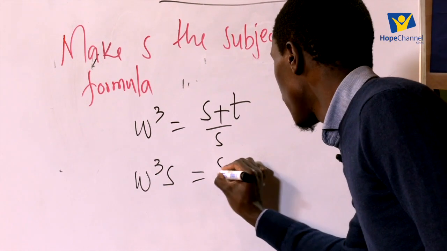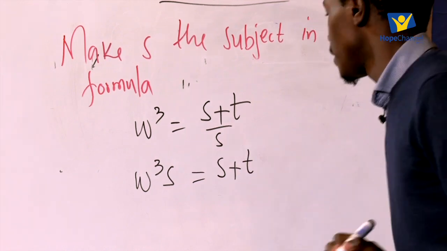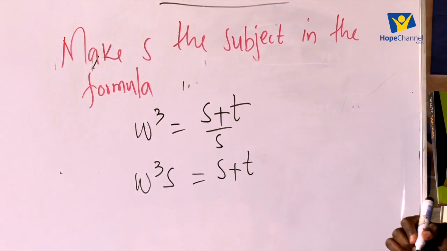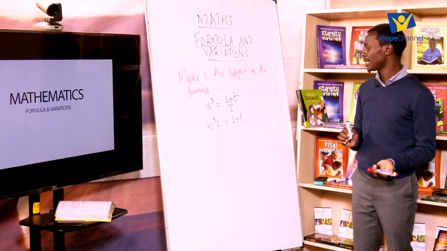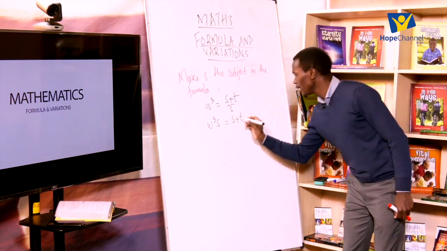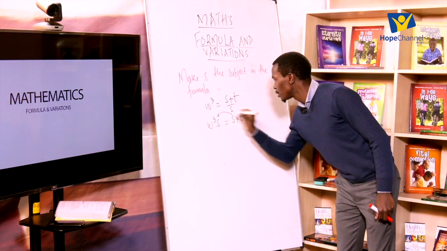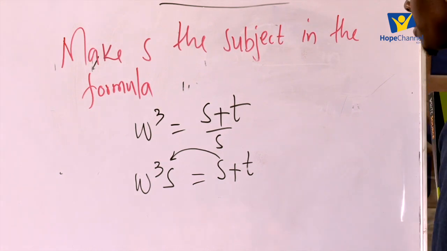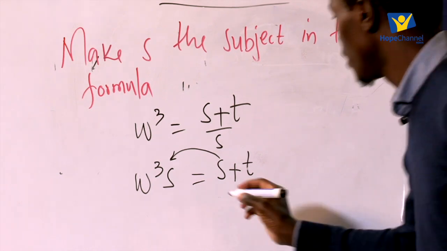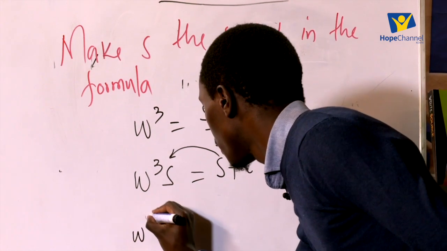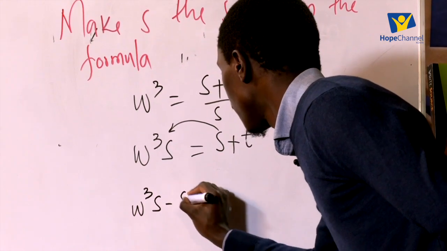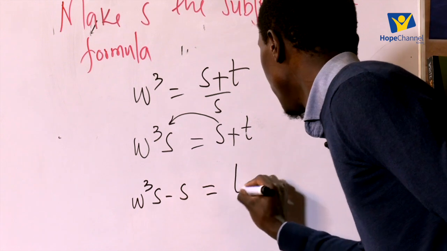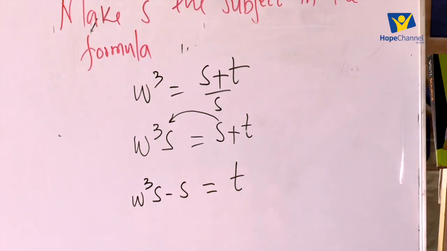That one is equal to S plus T. But we need S on one side, and therefore we are going to take this S to the other side. Now remember, it is a positive, so when it crosses the equal sign, it becomes a negative. So we will have W cubed S minus S is equal to T, because T remains by itself.